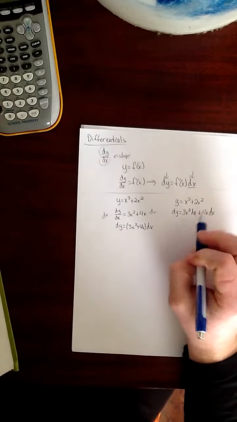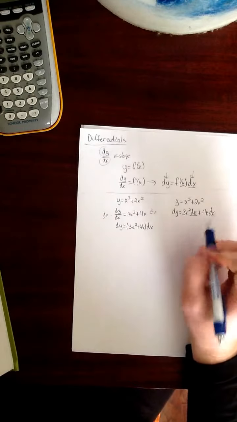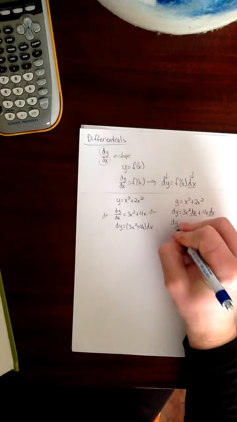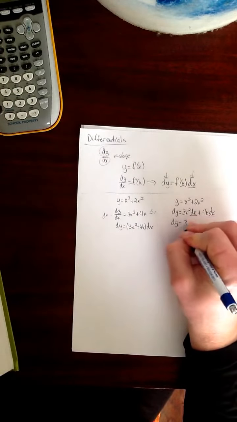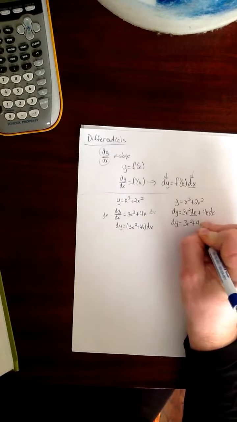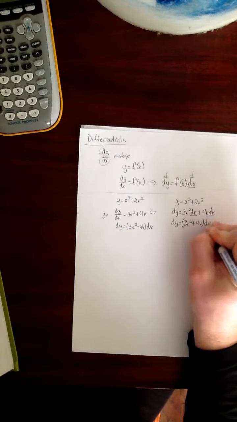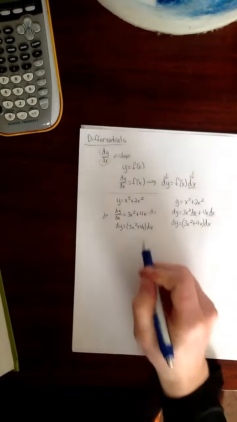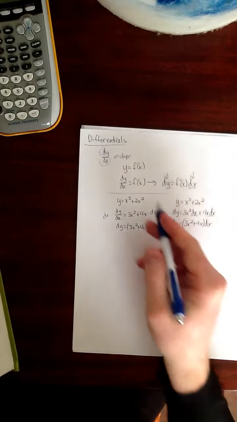And now just factor. These both have dx in common. So dy equals 3x squared plus 4x dx. End up with the same thing, just a different way of thinking about it.